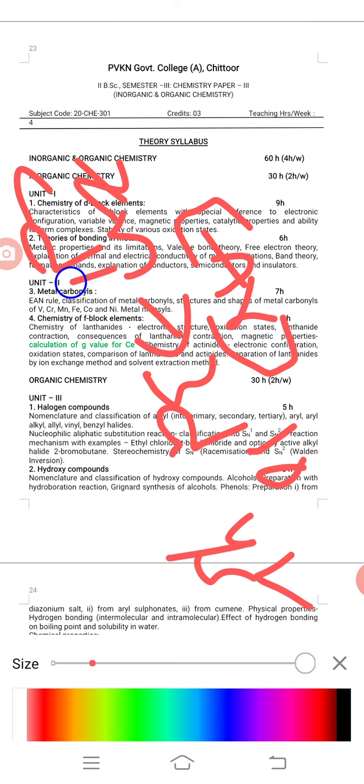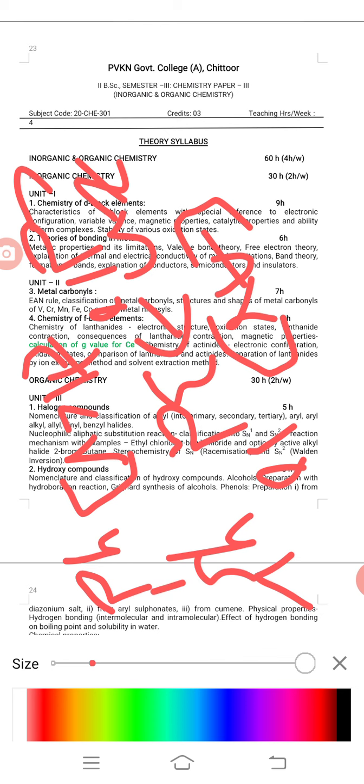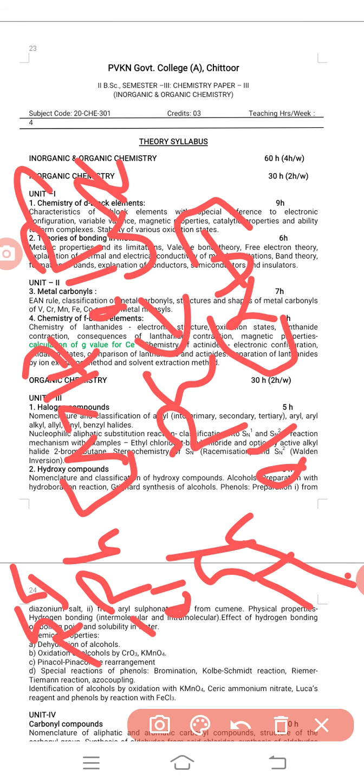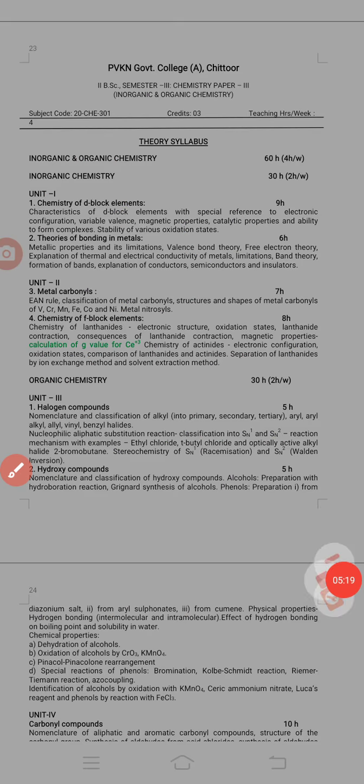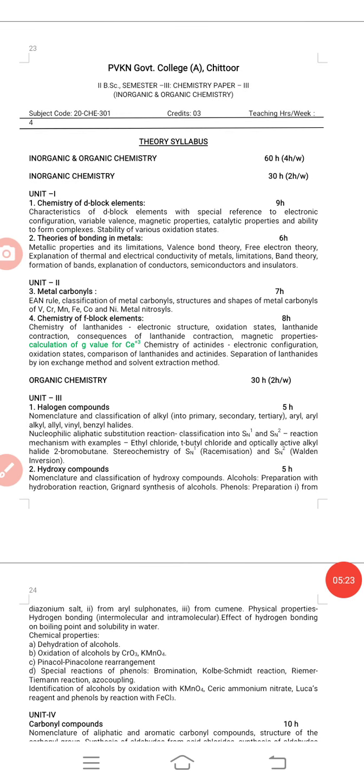Cadmium: krypton 4d10 5s2, that is not a transition element.